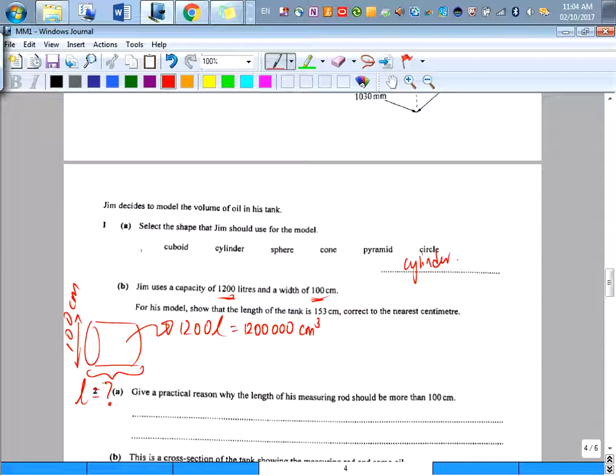So my final answer for the length over here will also be in centimeters. This is supposed to be equals to pi and the radius of 50 squared times the length. So solve for length equals to an answer, round it off to be 153 cm shown.